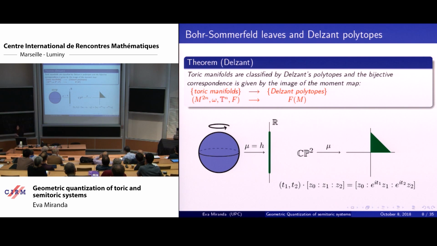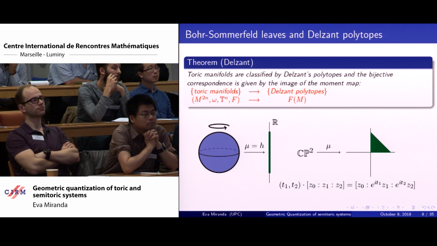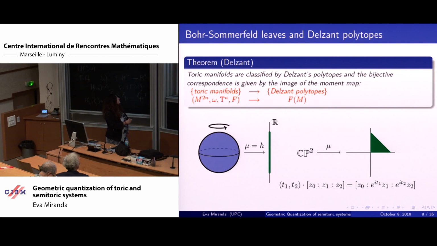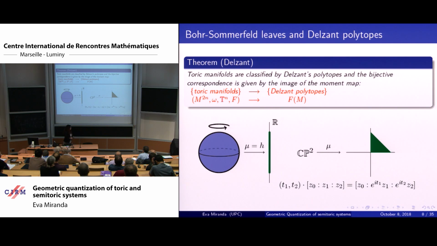Then you consider the moment map and look at its image. Here we have a two-dimensional example. I take the symplectic sphere, and I consider a toric action, which is just a circle action, rotations on the sphere. This is what happens every day on the Earth. We are rotating, and the moment map in this case is just the height function, okay?